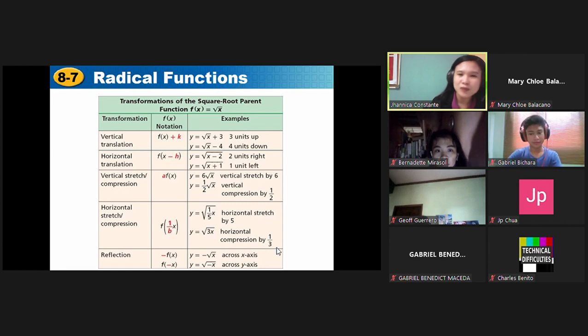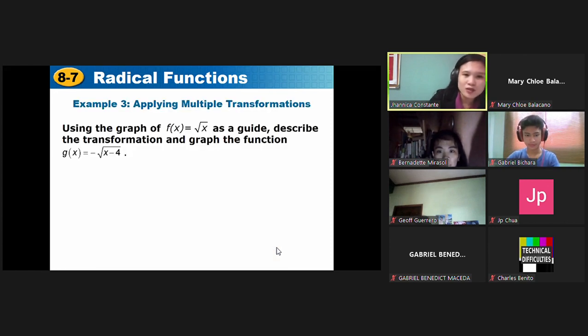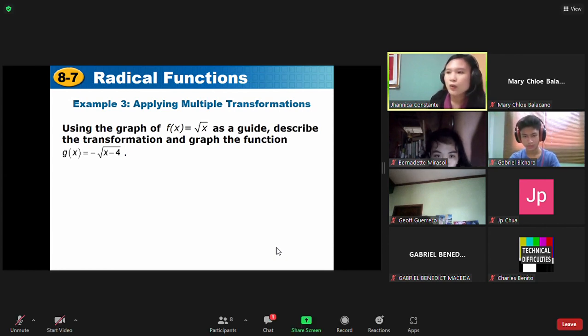So we have also this table. For example, we're going to describe the transformation of the graph of the function g of x equal to negative square root of x minus 4. So looking at the function that we have, 4 is our h, and negative is our a.